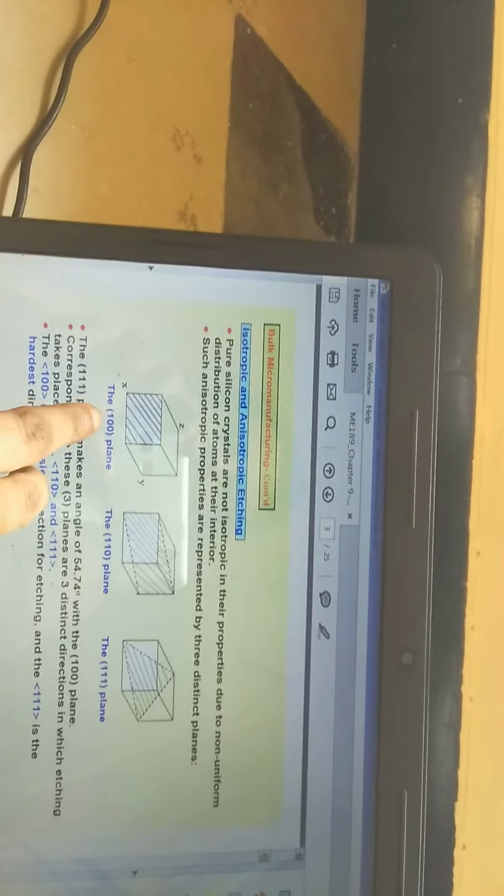Three planes are going to be discussed: 100, 110, and 111. The 111 plane makes this angle and is preferred for etching, since it is the easiest direction of etching. Next, we have dry etching.